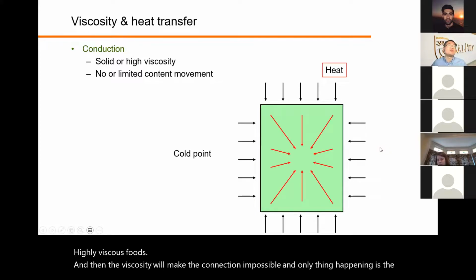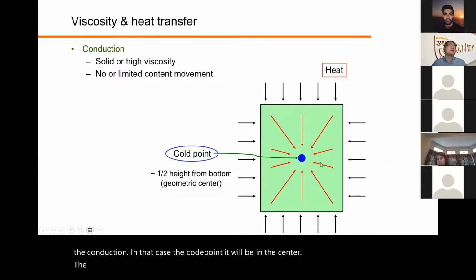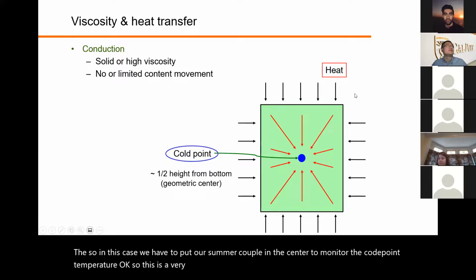In that case, the cold point will be in the center. Okay? So in this case, we have to put our thermocouple in the center to monitor the cold point temperature. This is a very quick review in case you are not familiar with those two concepts.